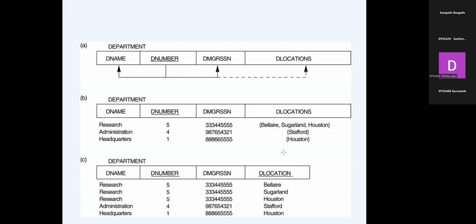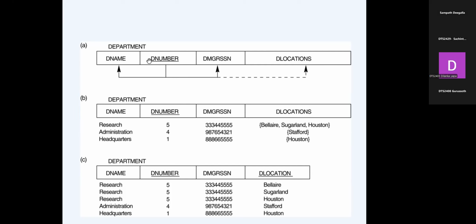Right. Now, let me give an example. Now look at this relation. This is how we graphically represent it. This is a department relation. We have attributes: department name, department number, department manager's social security number, and department locations. This is a primary key, which we have underlined.